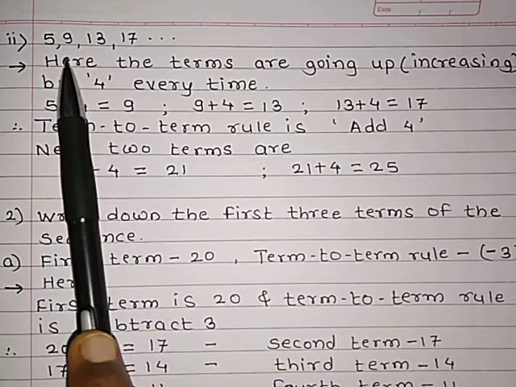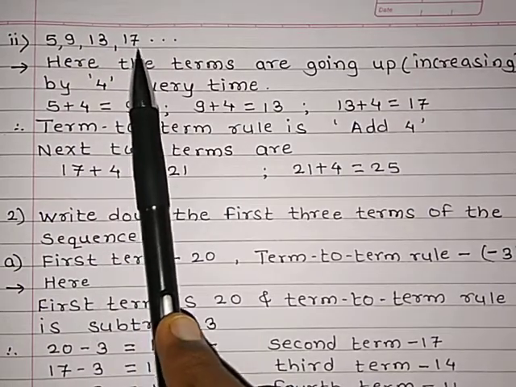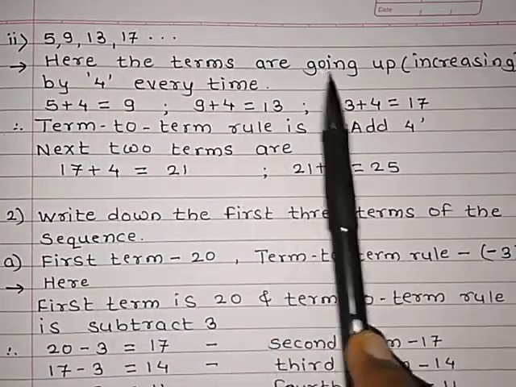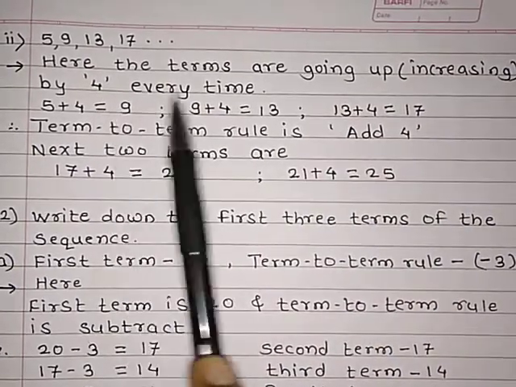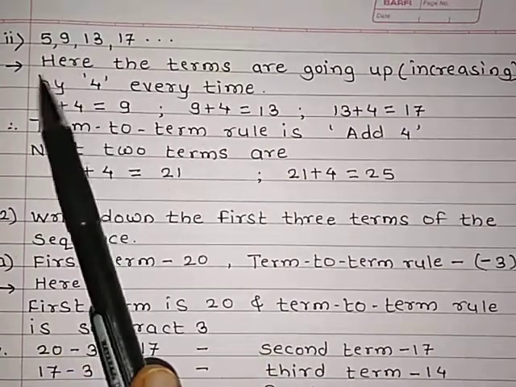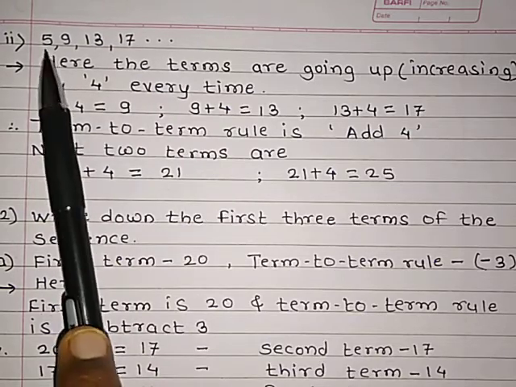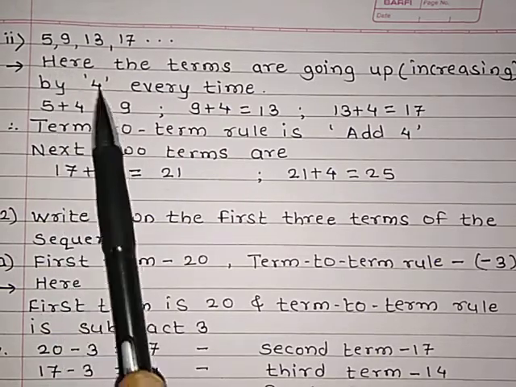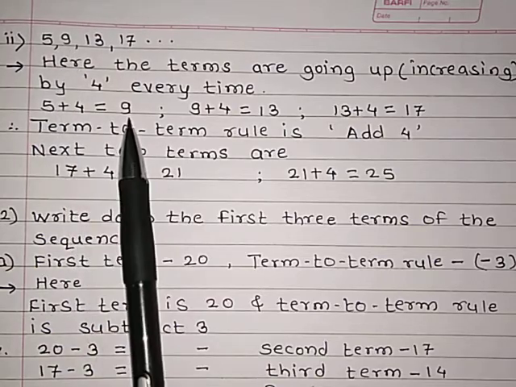See here, the next example: 5, 9, 13, 17. Here the terms are going up, increasing by 4 every time, meaning there is a difference of 4 between two consecutive terms. The first term is 5 and we add 4, so 5 plus 4 gives the second number, 9.